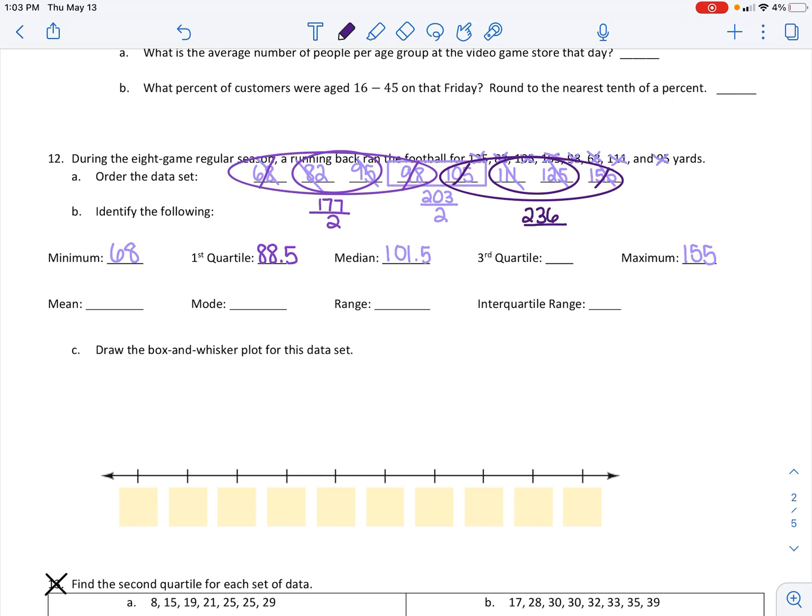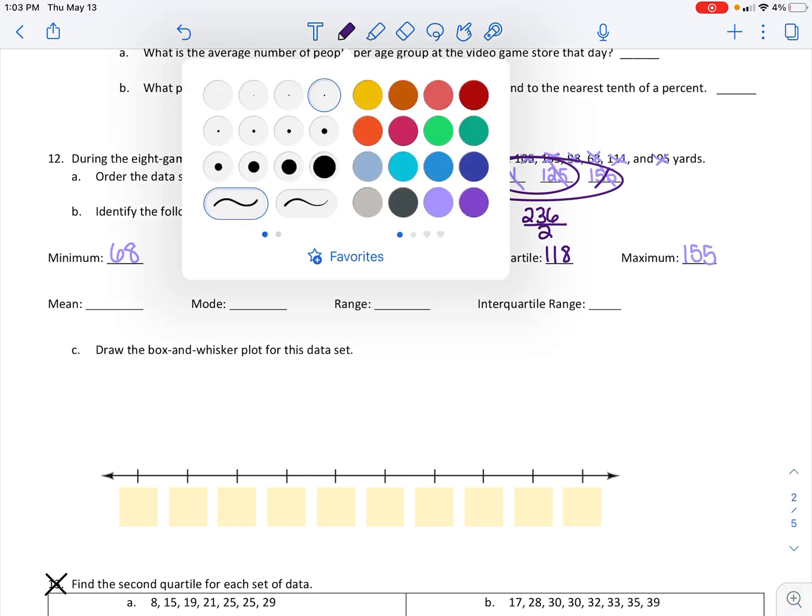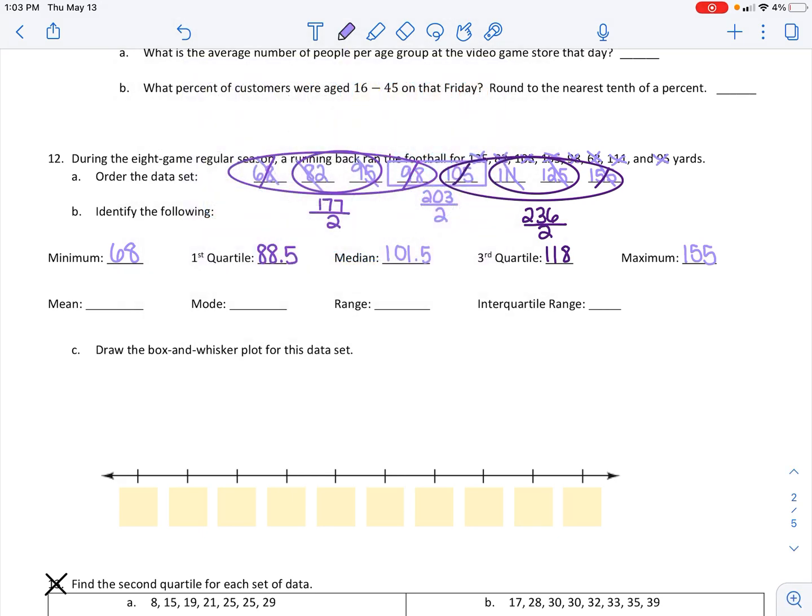And then I'm going to divide that by 2, just like I have the others. So we get 118 for my quartile 3, or my third quartile. And don't forget here that the median is also called Q2. Okay, so that's your second quartile.